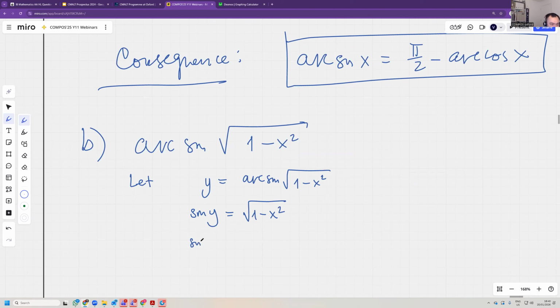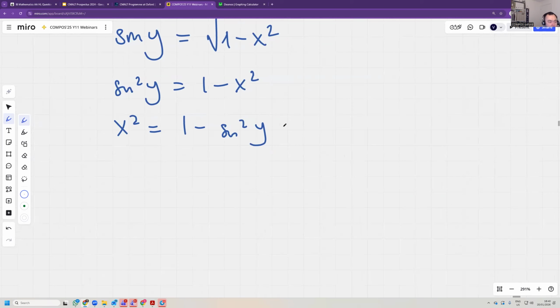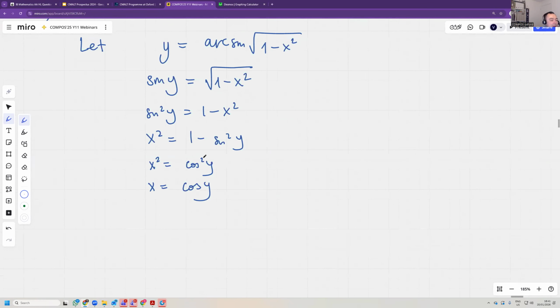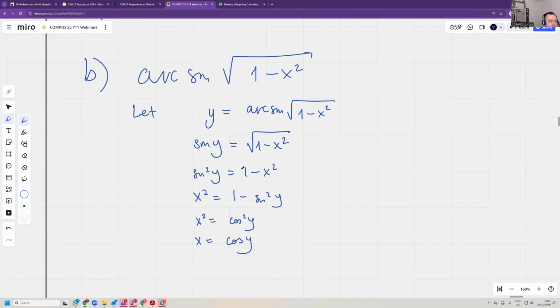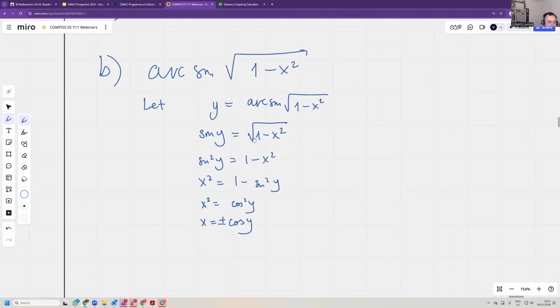Square it, so sine squared y equals 1 minus x squared. x squared is 1 minus sine squared y, but that is equal to cos squared y. And x is cos y. Now, could x be negative? Well, yes, surely it could be negative, plus or minus cos y.